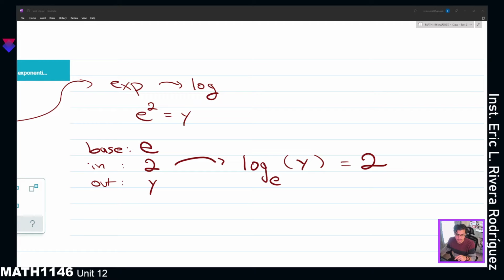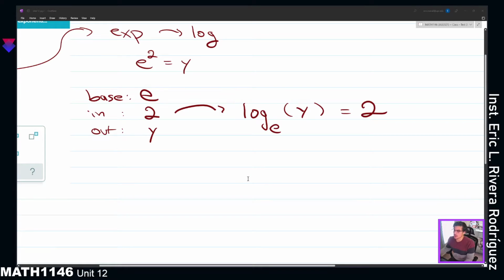Any question with this? Because the base is e, we can simplify the logarithmic function as ln.